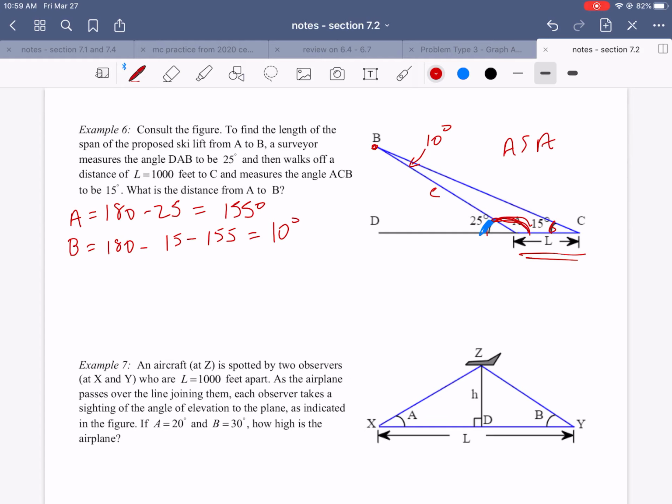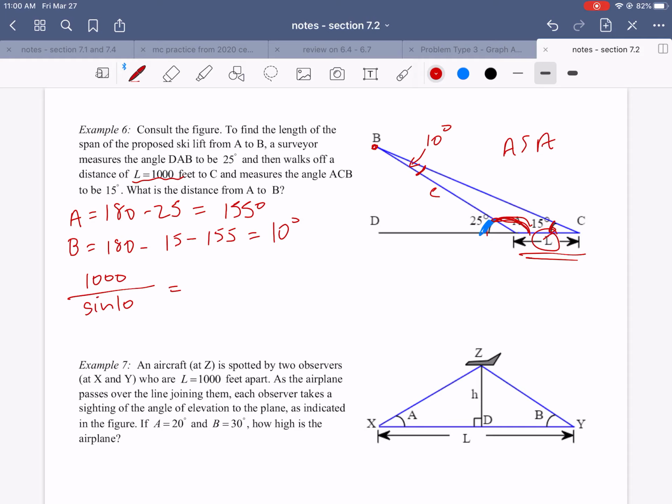And now I have a ratio. Notice that I have this angle capital B, and I also have the side opposite of angle B, which is L, and they told me that L is 1,000 feet. And so now I have a ratio. 1,000 divided by the sine of the angle across from 1,000, which is 10. And I'm going to set that equal to the ratio of the side that I'm trying to find.